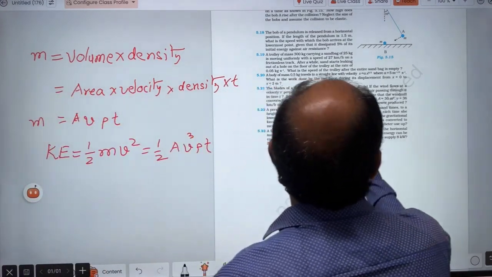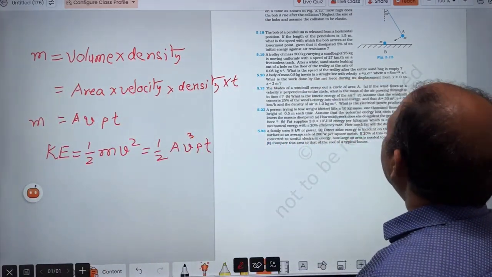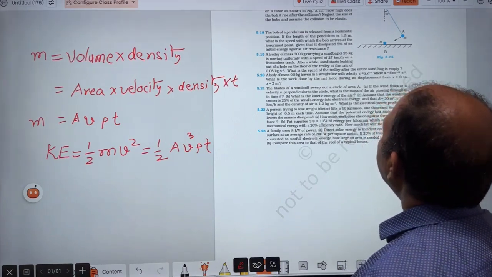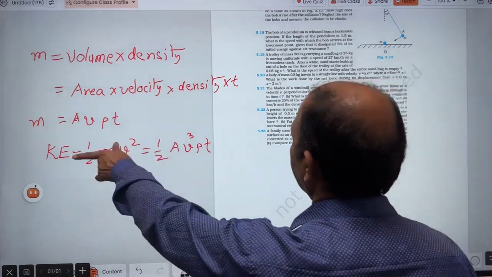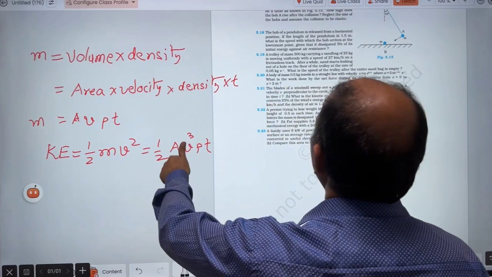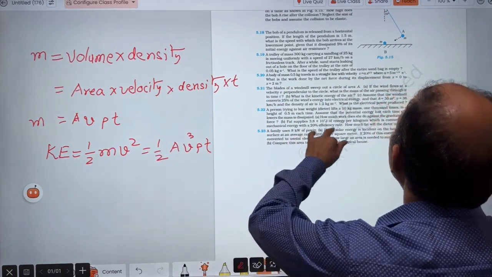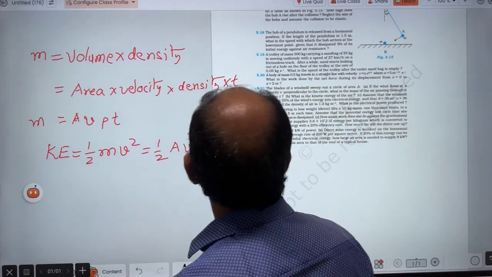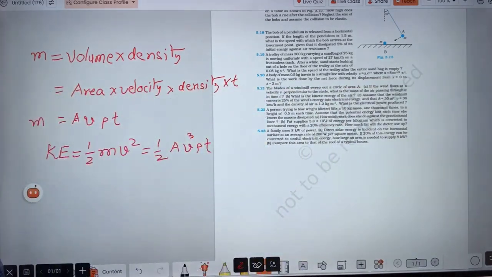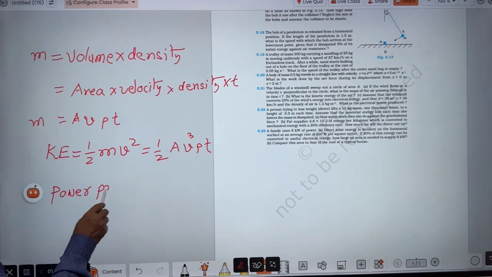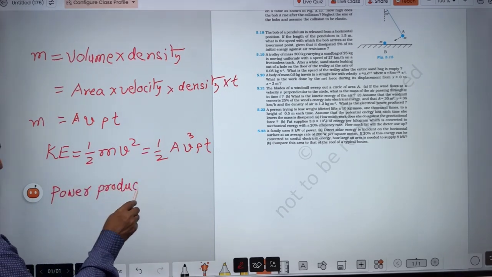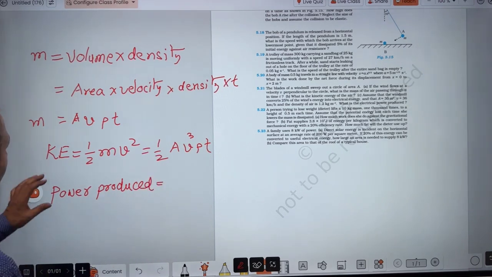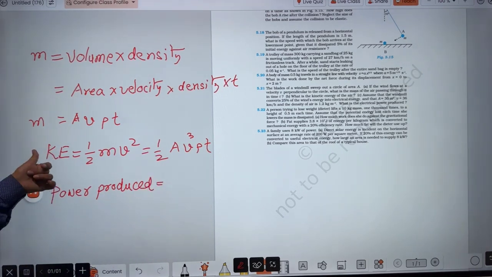But assume that the windmill converts 25% of the wind's energy. So this is the kinetic energy of the wind, and 25% of it is converted into electrical energy. So what is the electrical power produced? It is energy per second. So power produced is 25% of this.